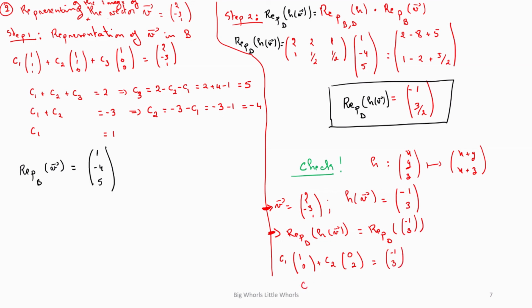So what we have here, c1 equals minus 1, and 2 c2 equals 3. That means c2 equals 3 over 2. So the representation of the image of v with respect to d is going to be minus 1 and 3 over 2. Yes, this is the same as that.